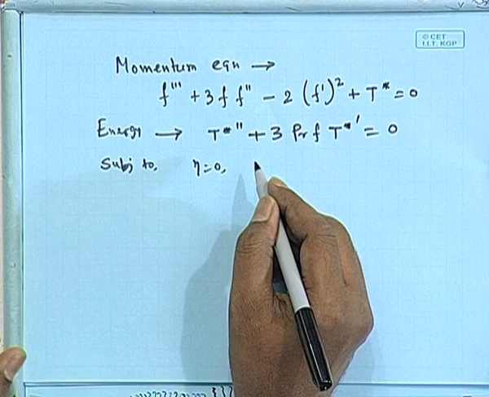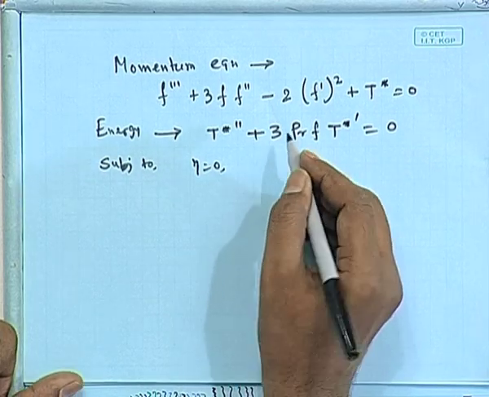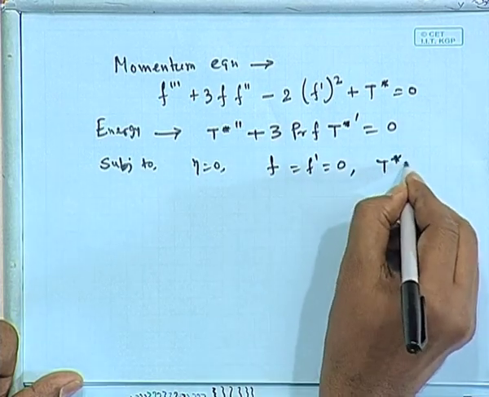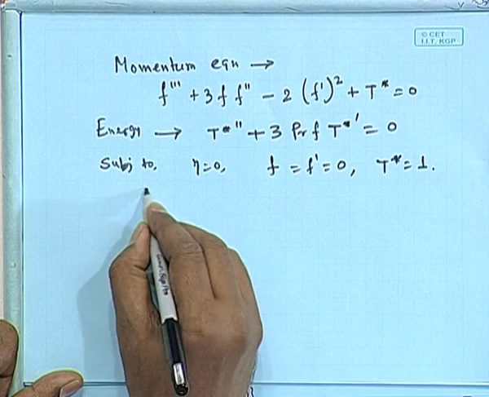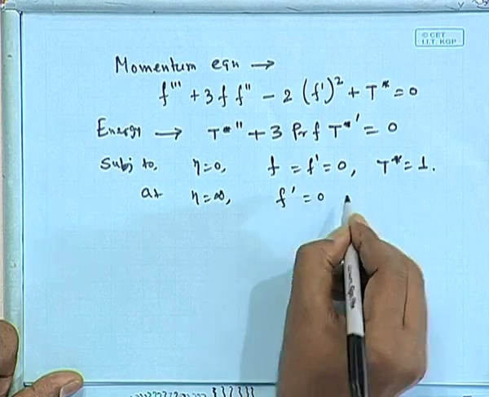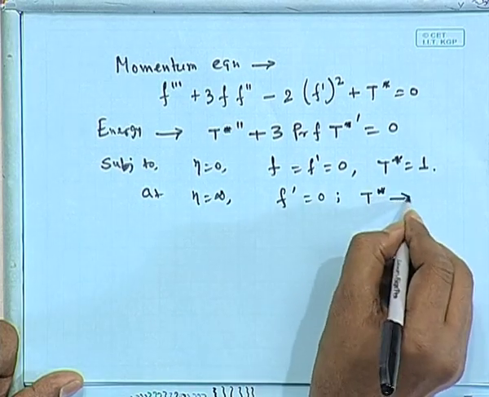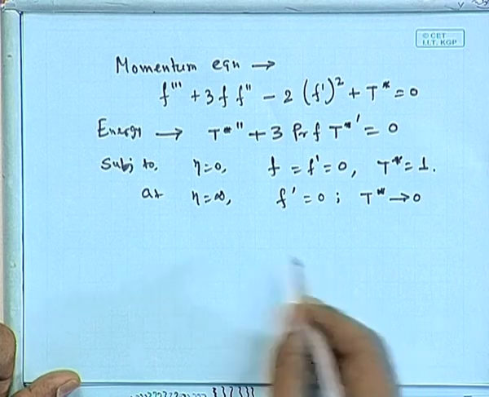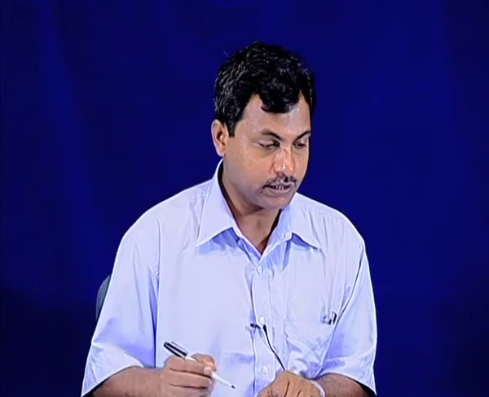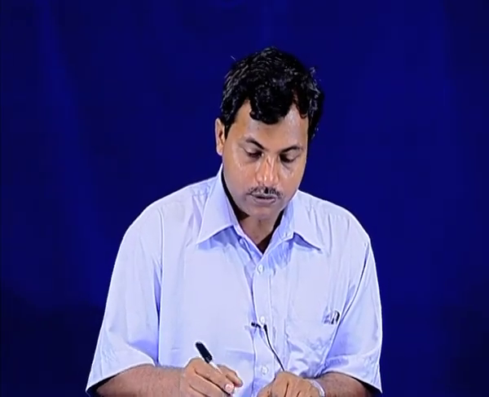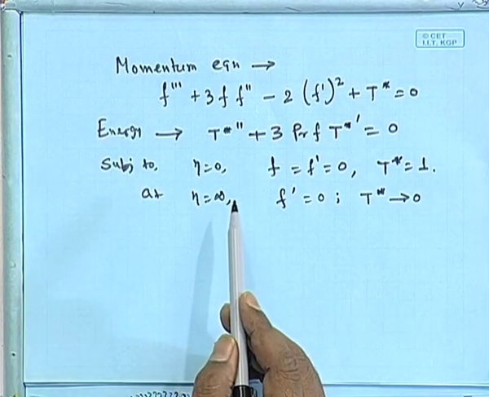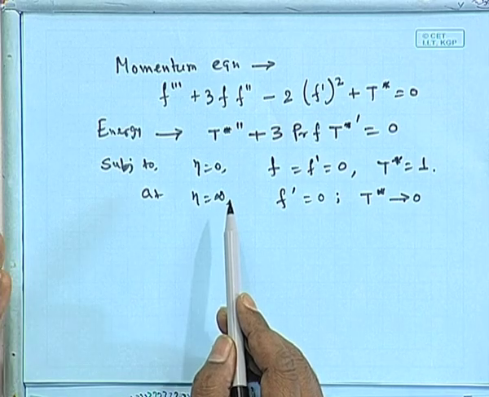Eta equal to 0 means at y equal to 0, right. f is equal to f prime is equal to 0 and T star equal to 1. Okay. At eta equal to infinity, you will be having f prime equal to 0 and T star equal to 0. You can derive all these equations if you put the partial derivatives in the governing equation. Now, what you have done, you have boiled down your partial differential equation into an ordinary differential equation, maybe of higher orders.